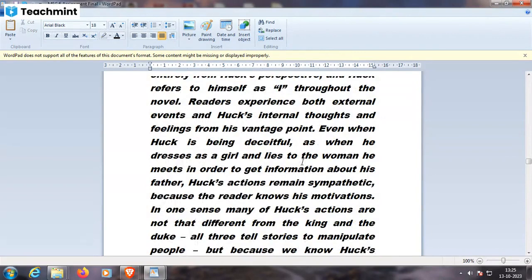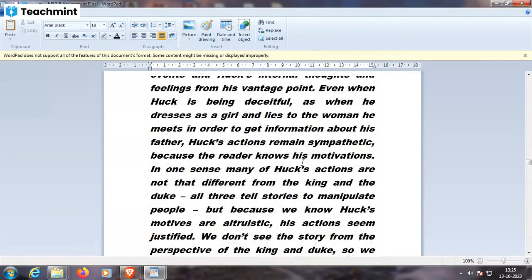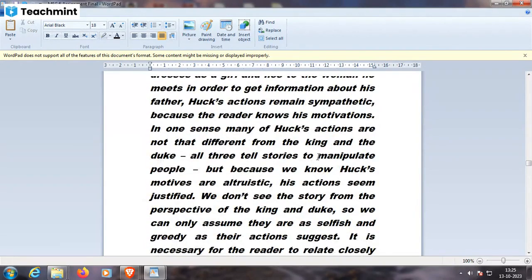In one sense, many of Huck's actions are not that different from the king and the duke. All three tell stories to manipulate people, but because we know Huck's motives are altruistic, his actions seem justified. We don't see the story from the perspective of the king and the duke, so we can only assume they are selfish and greedy, as their actions suggest.